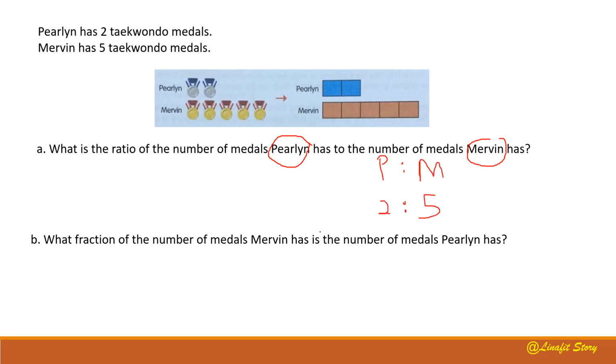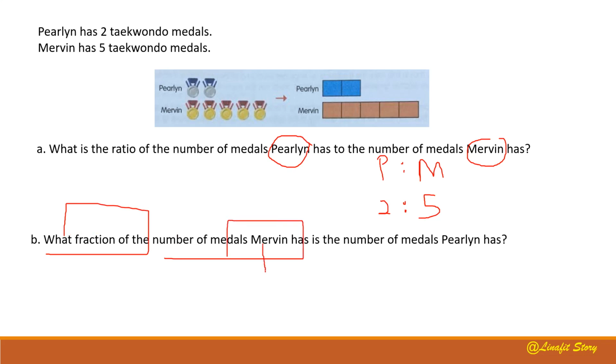And question B, what fraction of the number of medals Marvin has is the number of medals Berlin has? So over here, be careful, what fraction of? The phrase fraction of is followed by the phrase the number of medals Marvin has.